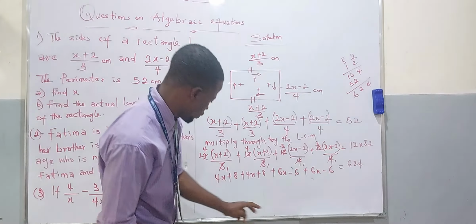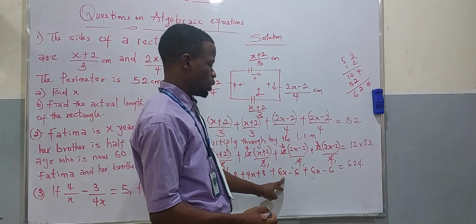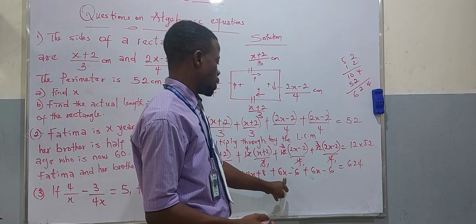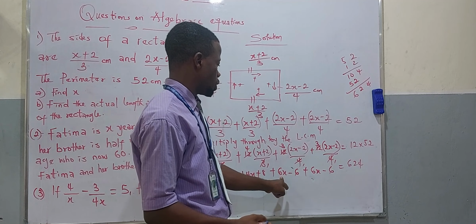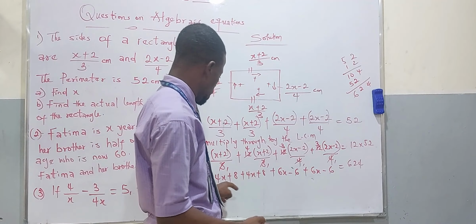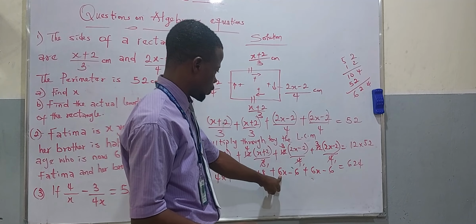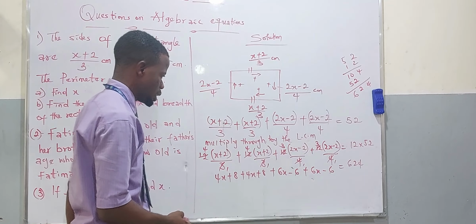How many x do we have? 4x plus 4x is 8x, plus 6x is 14x, plus 6x is 20x.